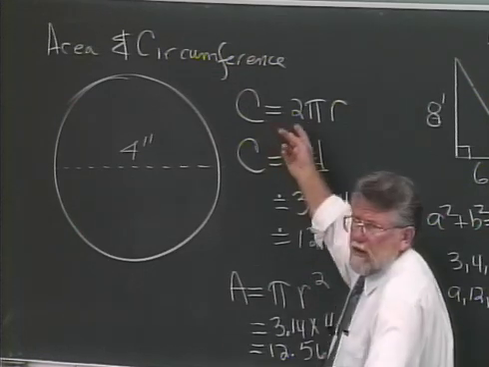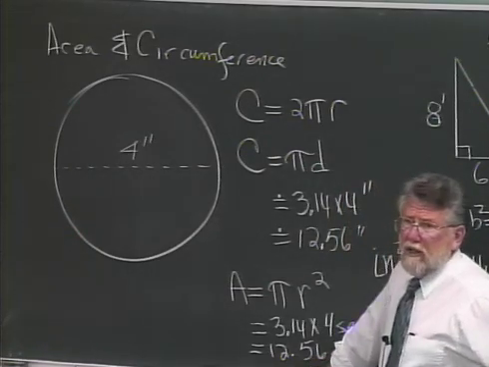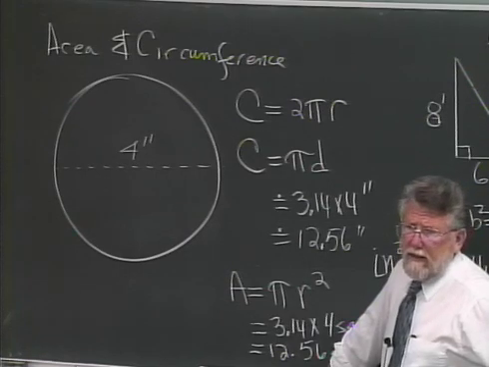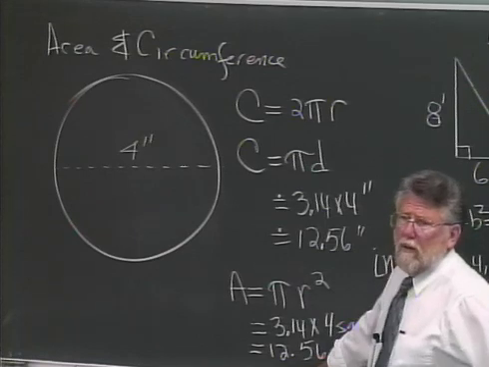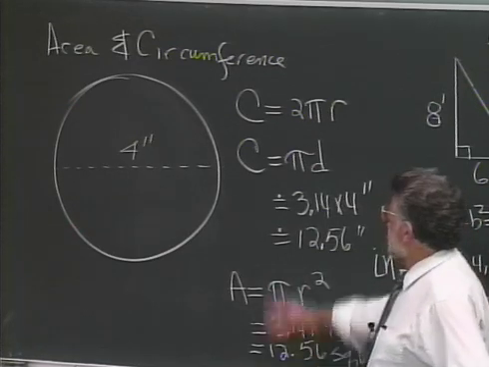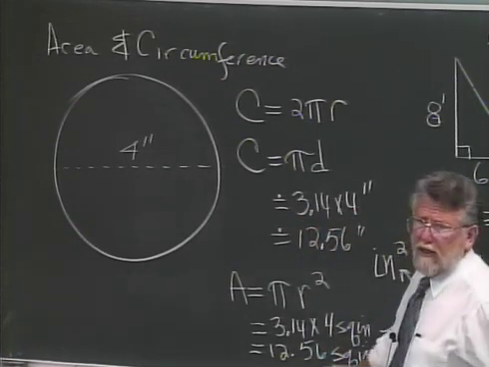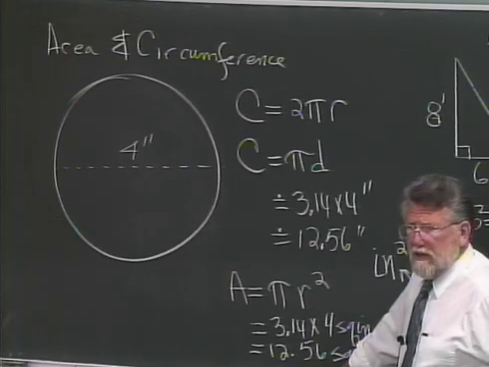Now you have two formulas you can use for circumference. You can do 2 pi r, that's the traditional form, or pi times d, because 2 times r is the diameter. Well, the diameter was given to me at 4 inches, so I have 3.14 times 4 inches, and that should give you 12.56.